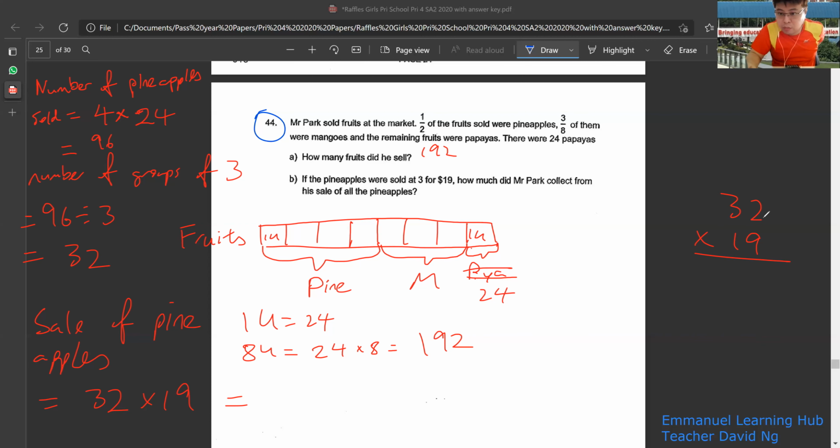9 times 2 equals 18. Then here, 9 times 3 equals 27. Plus 1 equals 28. So where do I write my 28? On the bottom.